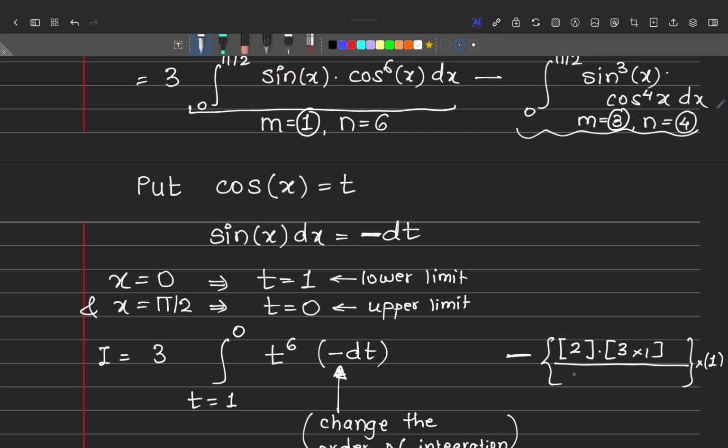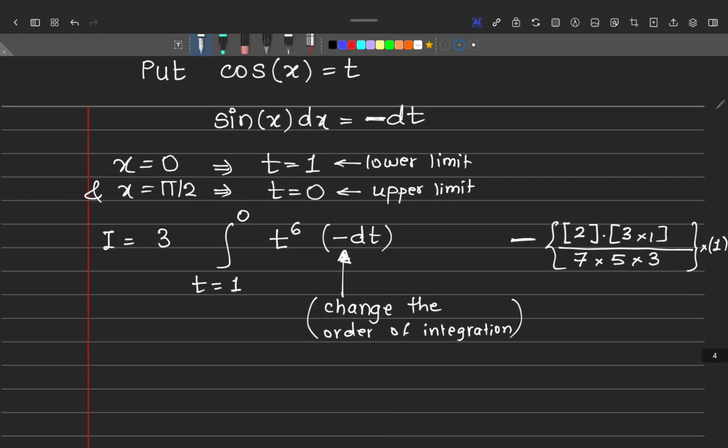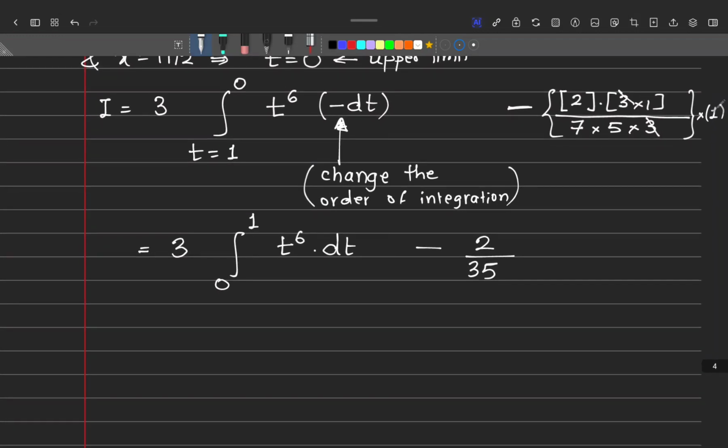In the denominator we take m plus n, which is 7. 7 is an odd number, so we take the product of odd numbers in the denominator. So for simplification, it is 3, the upper limit becomes lower and the lower limit becomes upper. If you solve this, what do we get? So this will be 2 by 35 if you solve this part.